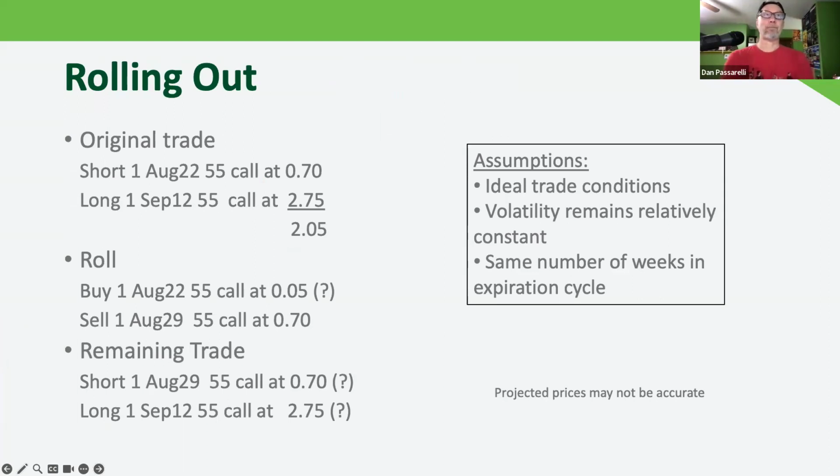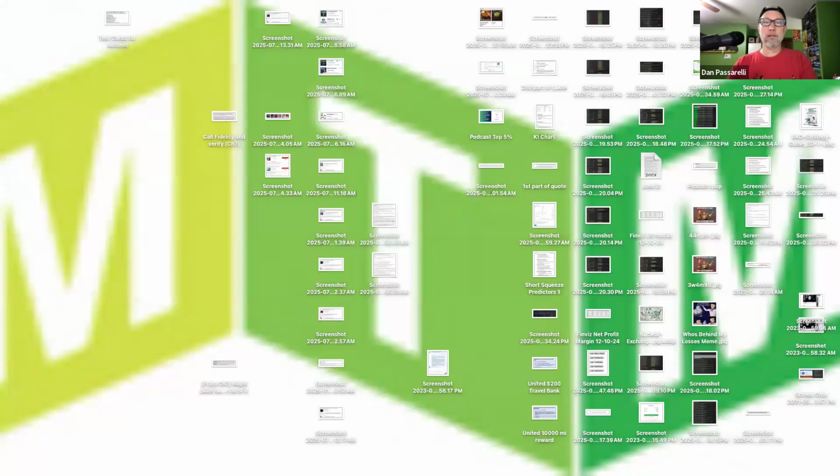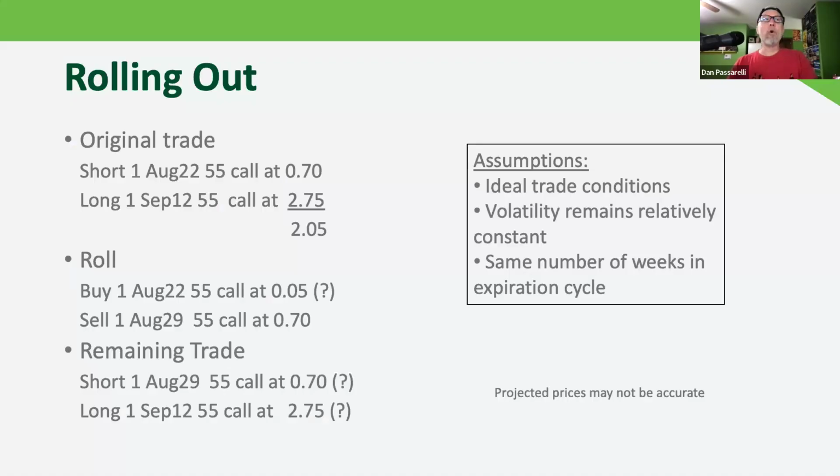Let's say I sell one August 22nd, 55 strike call at 70 cents, and I buy one September 12th, 55 call at $2.75. So I pay $2.75 for the long one, collect 70 cents for the short one. I'm paying $2.05.